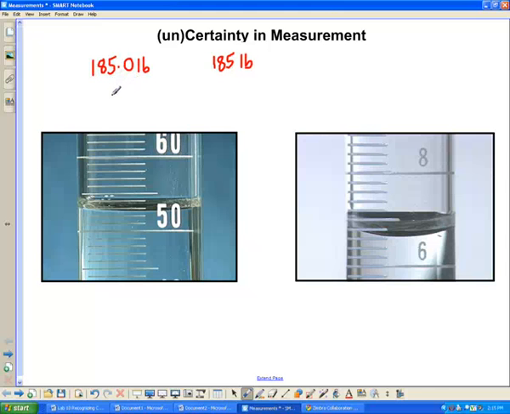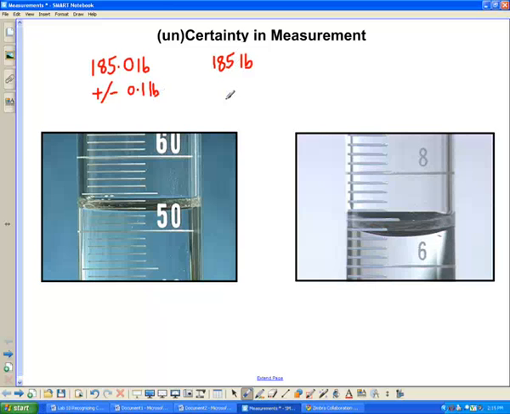And you can generally say that the accuracy of a measurement like that is equal to plus or minus 1 of the last unit shown. So, for example, it should be plus or minus 0.1 pound for this accuracy.